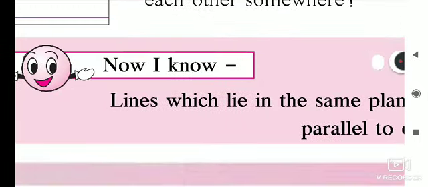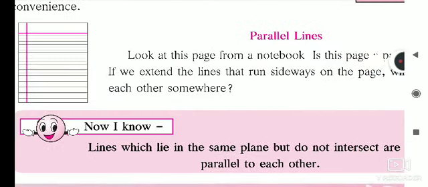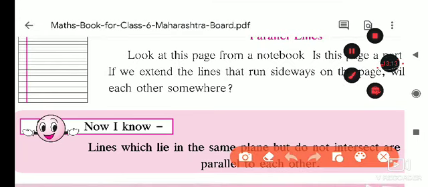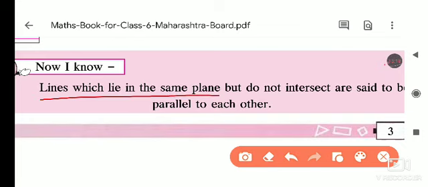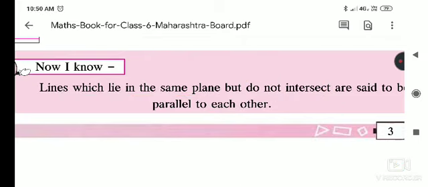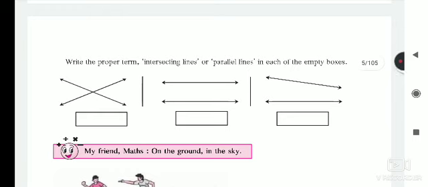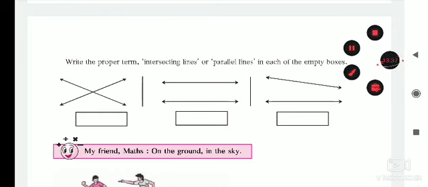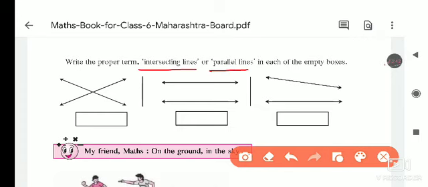After that, the new point is that lines which lie in the same plane but do not intersect, that phrase is very important, but do not intersect, are said to be parallel to each other. Then the next point is an activity: write the proper term, intersecting lines or parallel lines, in each of the empty spaces.